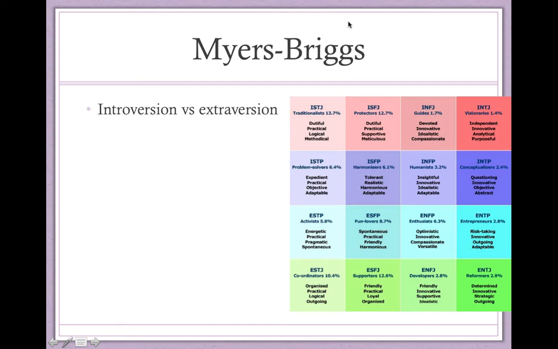This Myers-Briggs was based off of Carl Jung's work, who was actually a neo-Freudian. He followed the work of Freud and came after Freud and thought that personality really involved these traits.